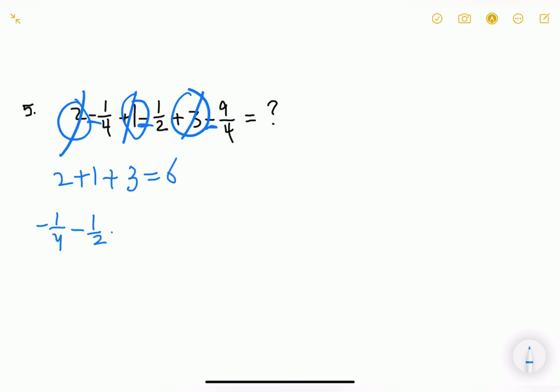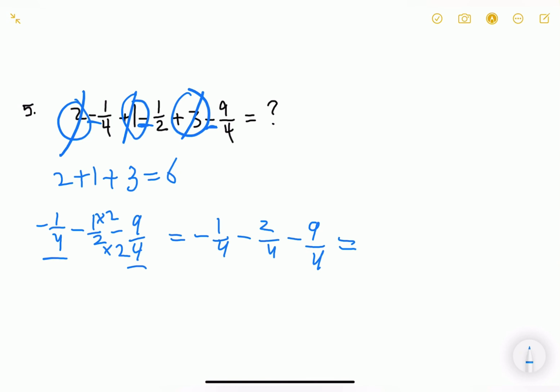Minus 1 over 2 minus 9 over 4. So how would you approach this? Well, first of all, we can see that these are both 4s. So the easiest thing to do is get this to be a 4 as well. So we multiply by 2, which is going to be -1 over 4 minus 2 over 4 minus 9 over 4.